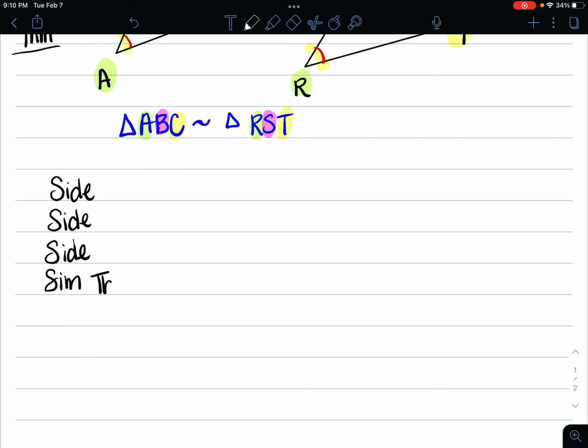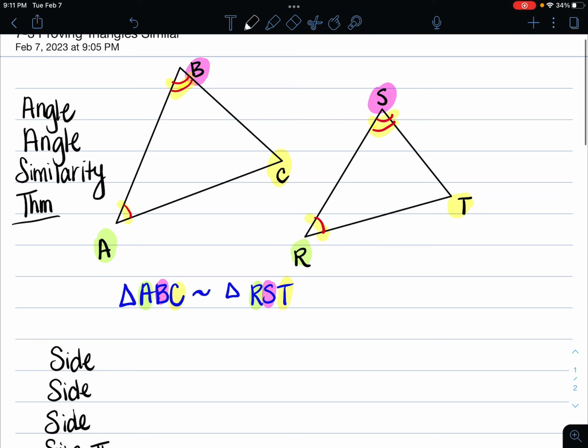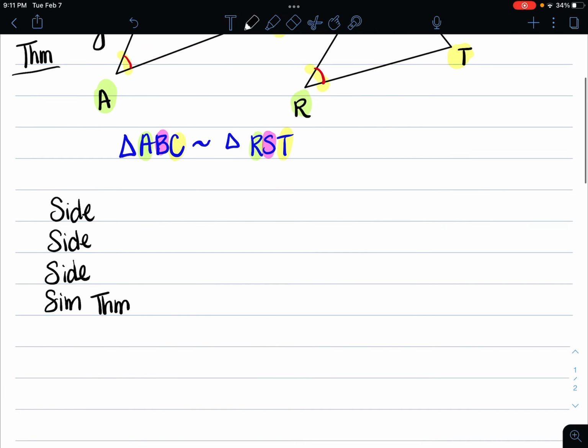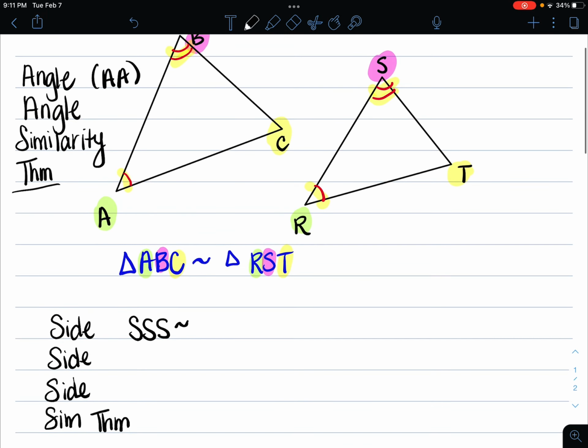Again, this is a similarity theorem. Okay, so again, we can abbreviate. So this, of course, would be the AA theorem. And this would be, so we don't just write SSS for this one because we know we had side with congruence. We would call this the side similarity theorem, so you would want to put the little wiggly sign.